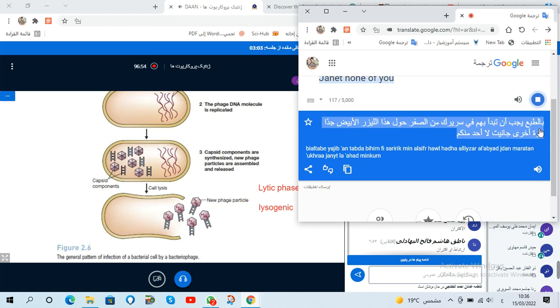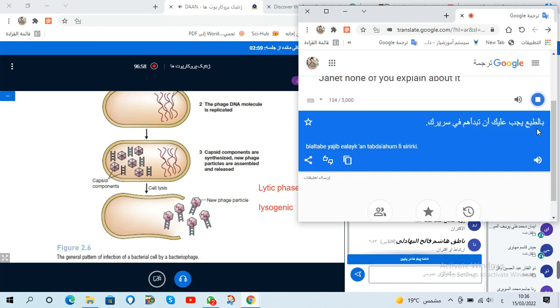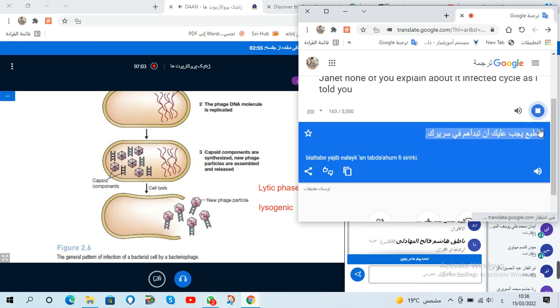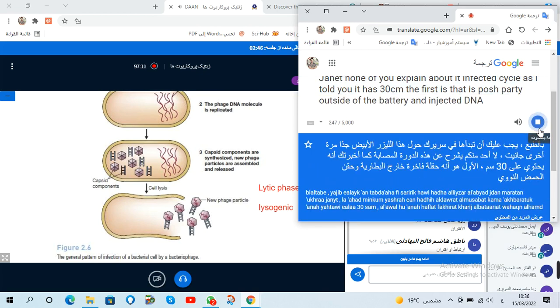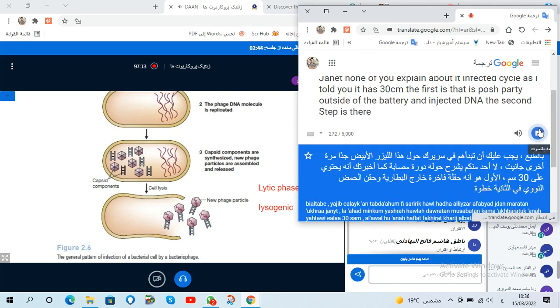So, I'll explain about it. The phage infection cycle, as I told you, has 3 steps. The first step is the phage particle attaches to the outside of the bacteria and injects the DNA. The second step is the phage DNA molecule is replicated.